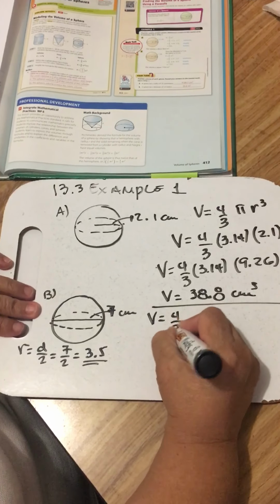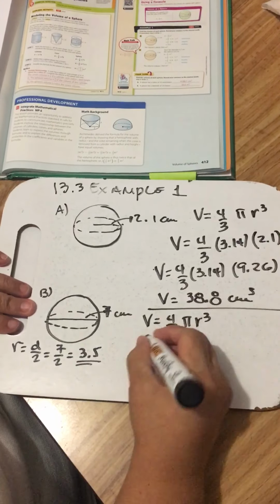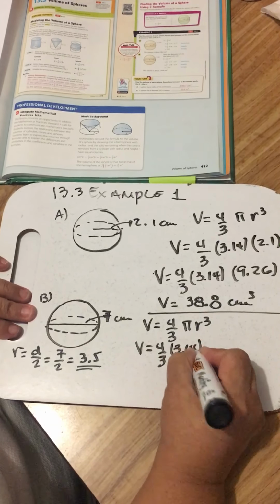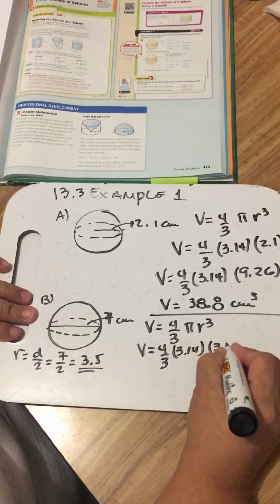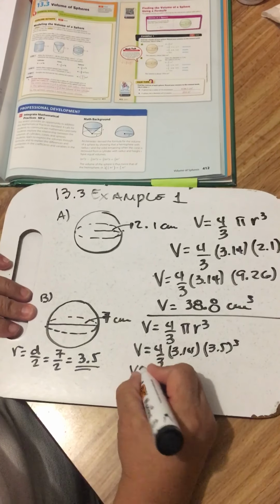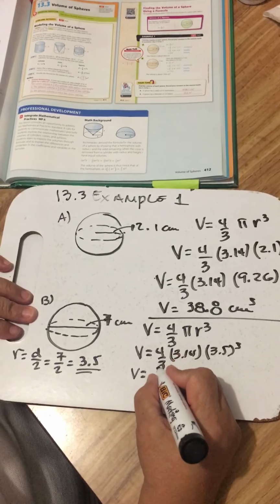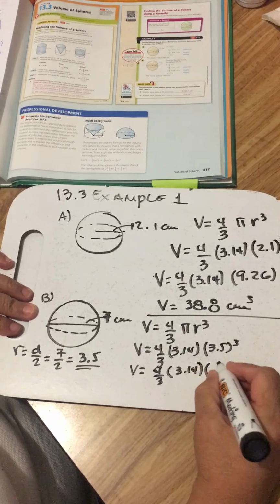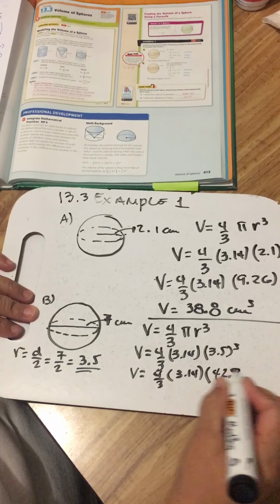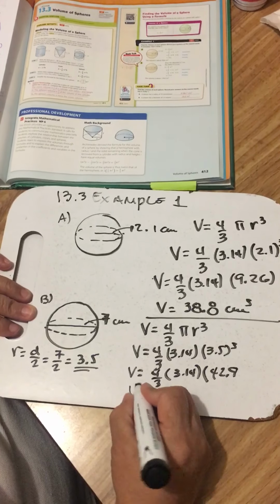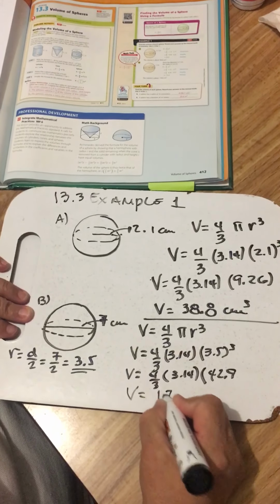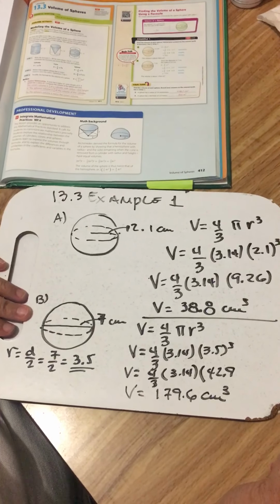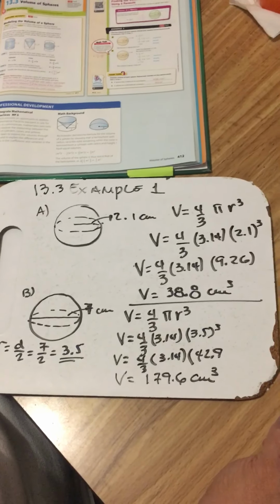Volume is 4/3 pi r cubed, so the volume is 4/3 times 3.14 times 3.5 cubed. The cube is 42.9. Now we obtain the volume of this sphere is going to be 179.6 cubic centimeters. Then you answer your Turn on page 412.